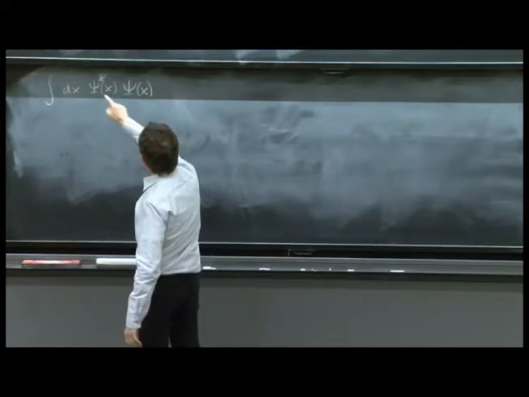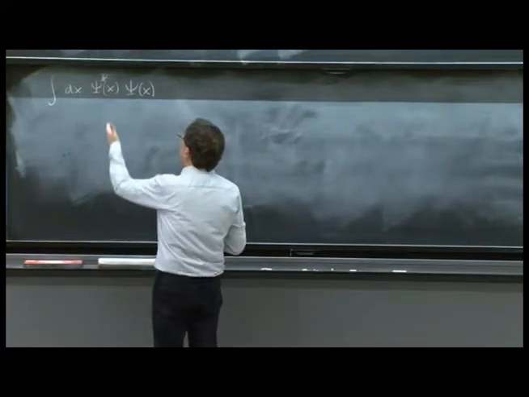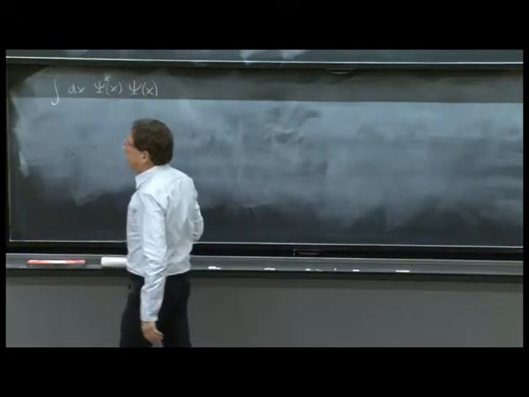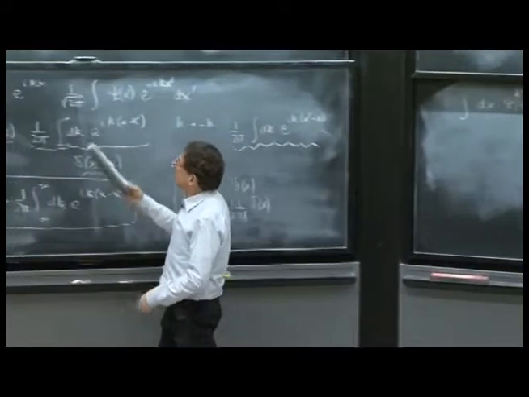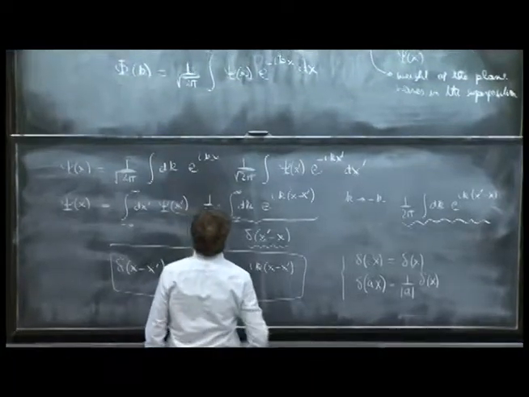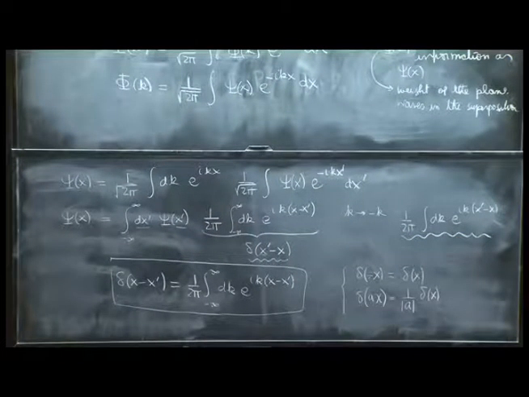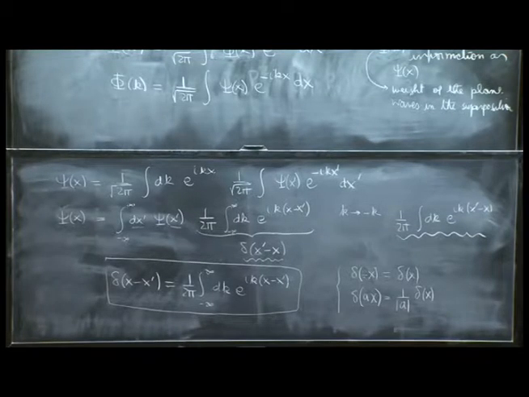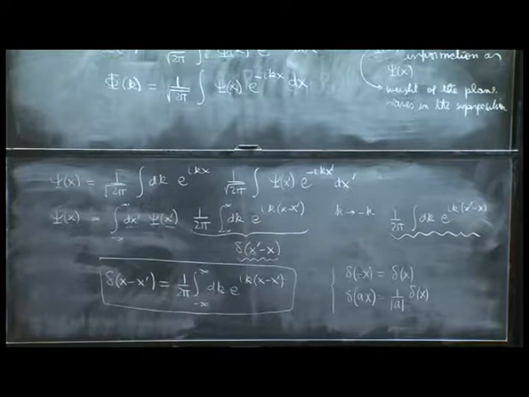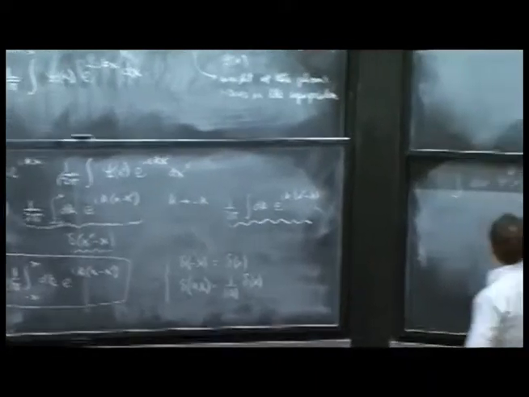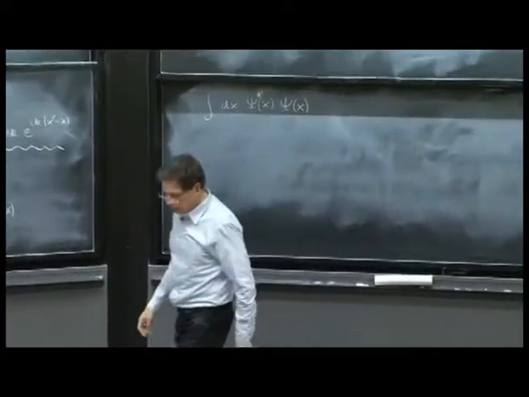And what we would like to understand is, what does it say about phi of k? So for that, I have to substitute what psi's are in terms of k and rethink how to evaluate this integral.